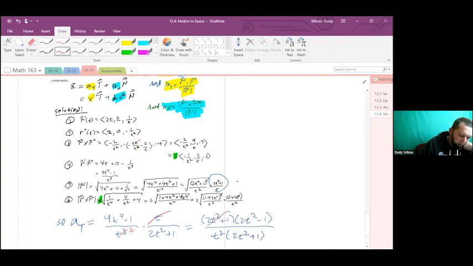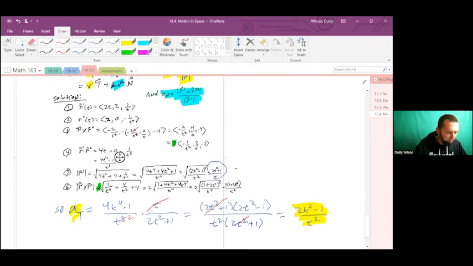The 2t squared plus 1s are going to cancel. And we're just left with AT equals 2t squared minus 1 over t squared. So there's our tangential component of acceleration right there. Now we've got to find our normal component of acceleration.